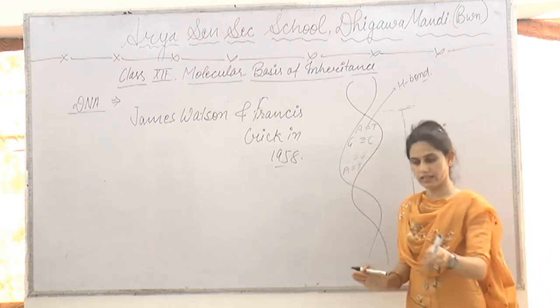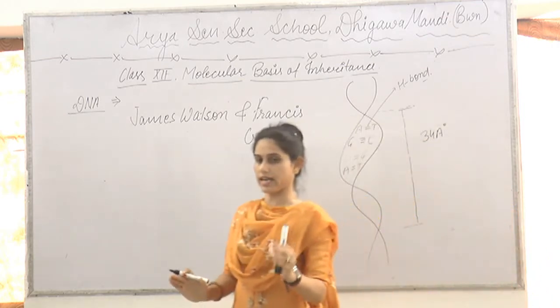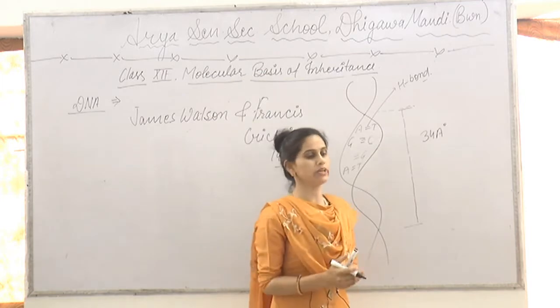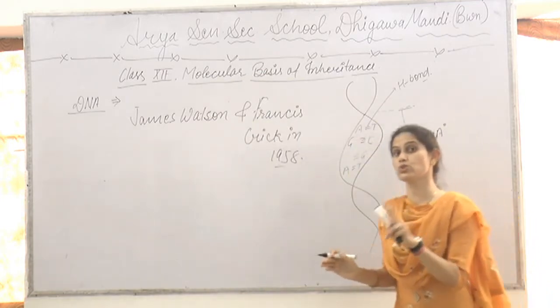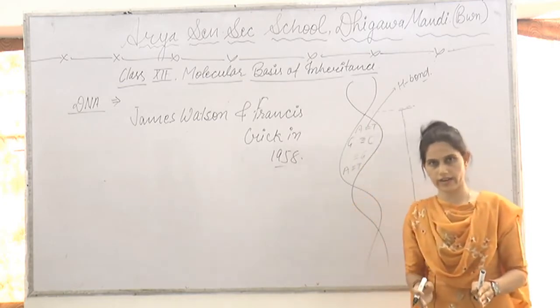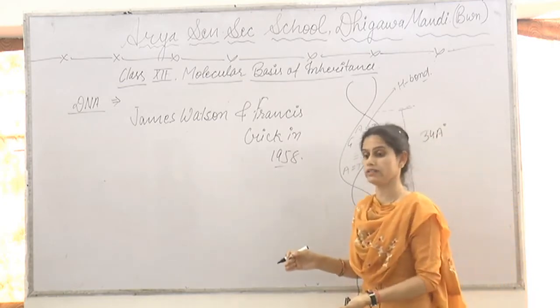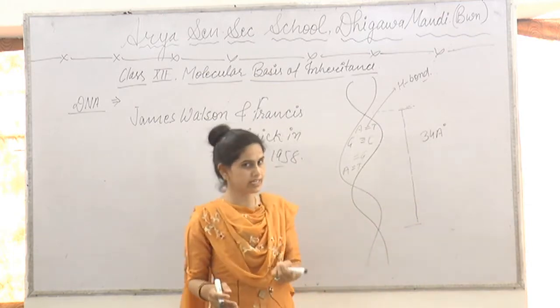In the last section, I discussed with you why there are 2 bonds in the case of adenine and thymine, and why there are 3 bonds in the case of guanine and cytosine.